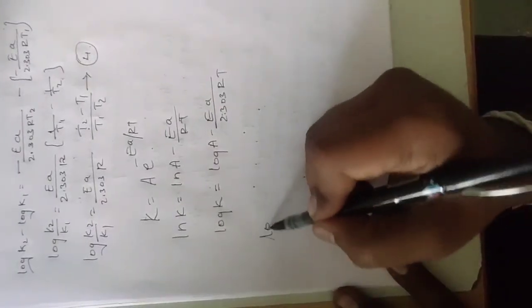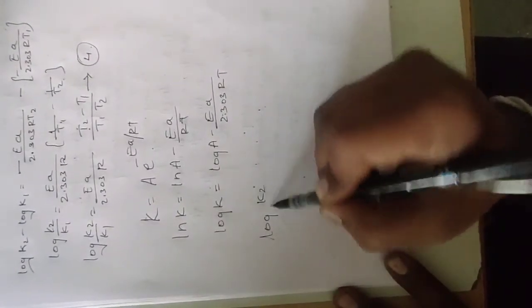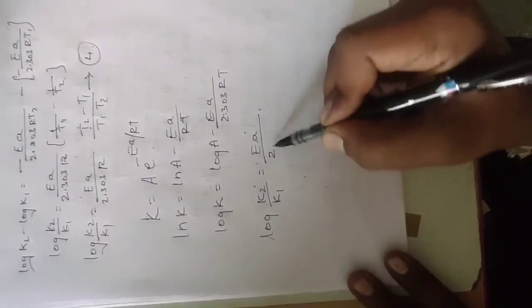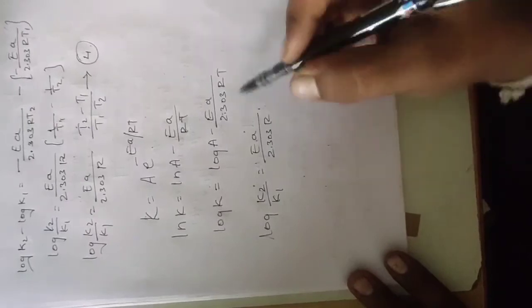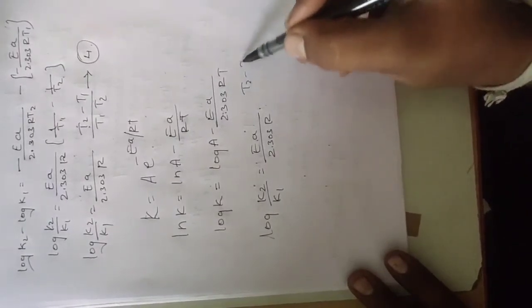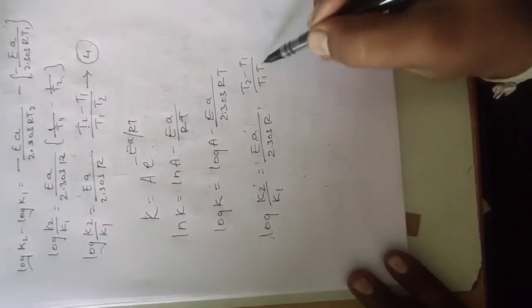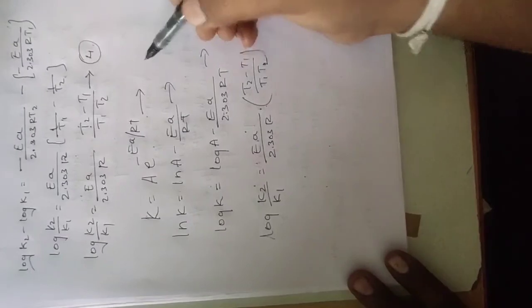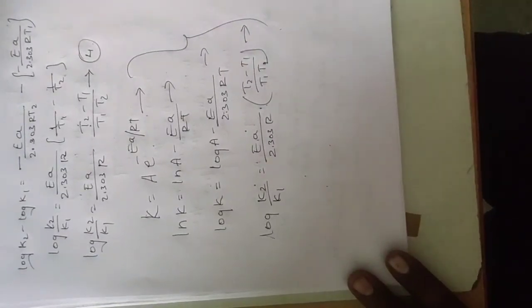Last, log k2 by k1 equals Ea by 2.303 R into T2 minus T1 by T1 T2. Okay, we got the four equations.